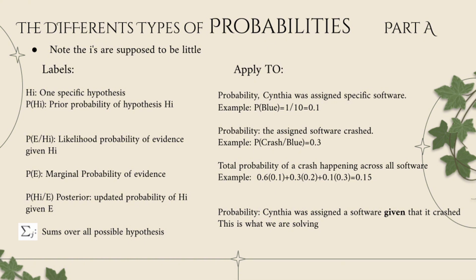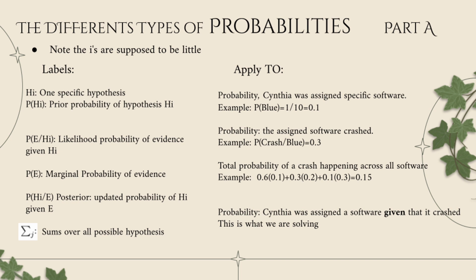There's prior probability, which describes our initial belief about our event. The likelihood is the probability of seeing specific evidence, assuming a particular hypothesis is true, and that kind of explains the data. And then there's posterior probability, which is the updated belief about the hypothesis after considering the new evidence.